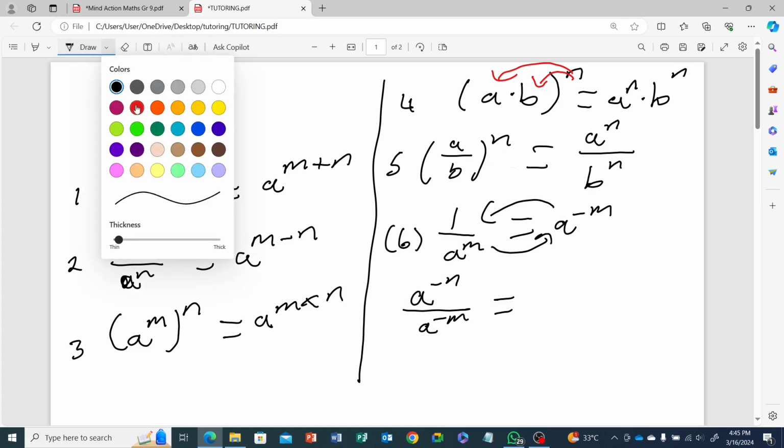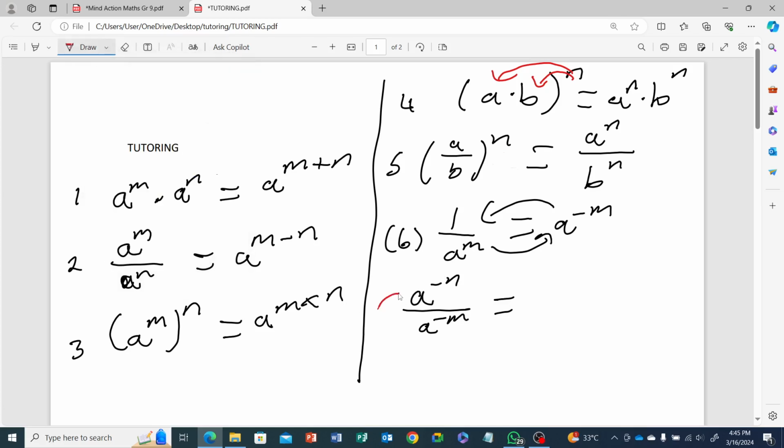To make the exponent positive, you need to change its location like that. So a raised to the n will come down as a denominator, then it becomes positive. A raised to the negative m will go up to have a positive exponent. So that is the concept about laws of exponents.